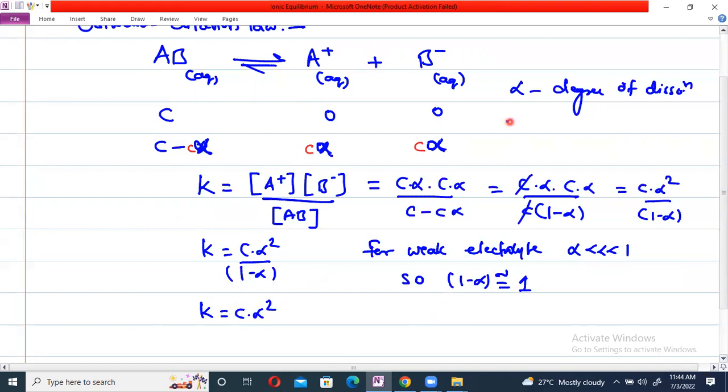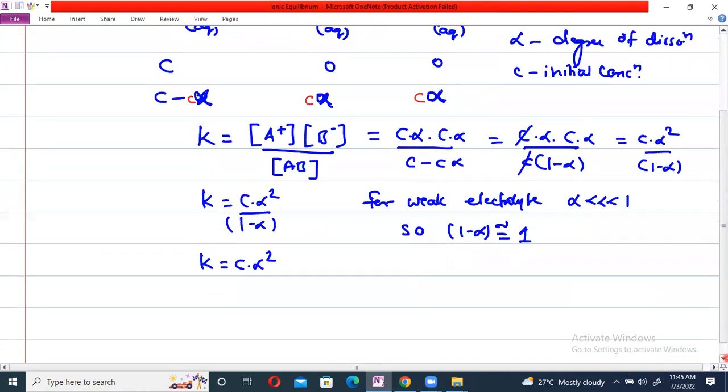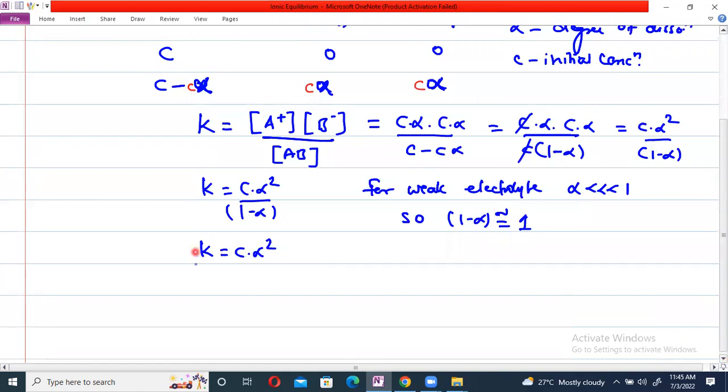Alpha is called the degree of dissociation. C is called the initial concentration. That means by seeing this formula, alpha square equal to K by C. Alpha equal to under root of K by C.